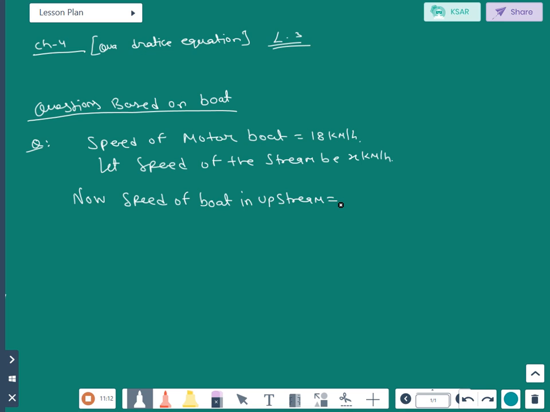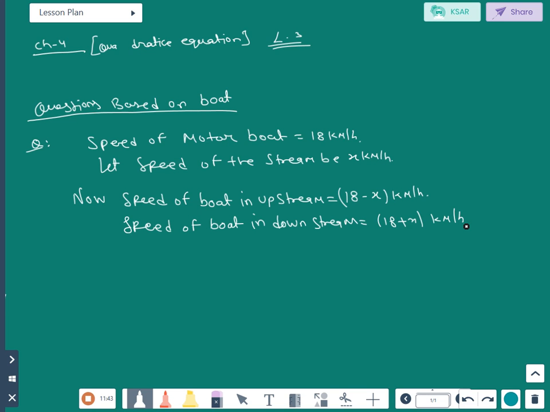So that is speed of boat minus speed of stream, kilometers per hour. Second, speed of the boat in downstream, which is 18 plus x, because in downstream both stream and boat are moving in the same direction, so the effective speed of the boat will increase.